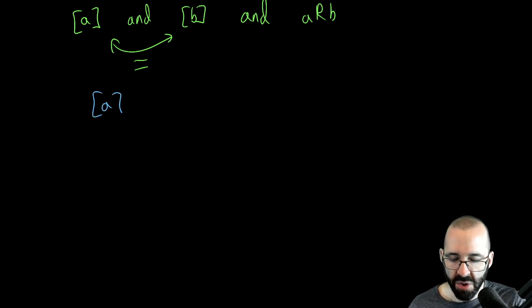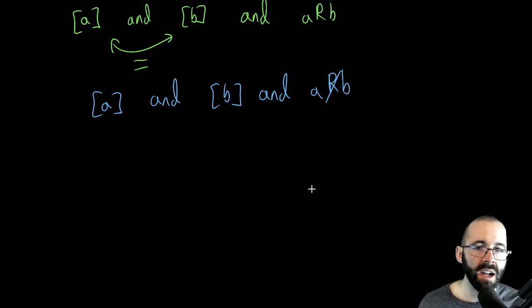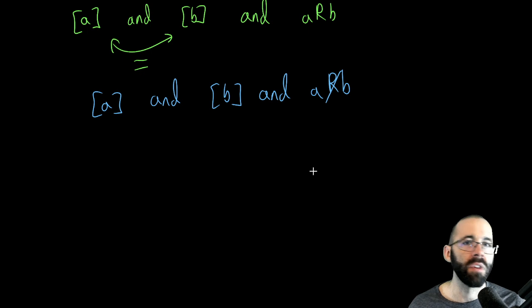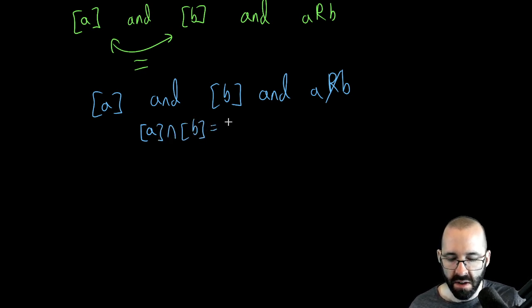And similarly, if you have 2 things and A is not related to B, what does that say about these? Not only are they not the same equivalence class, they have no overlap. Okay? So this is going to say that their intersection is empty.